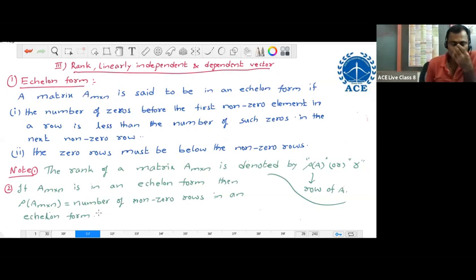So if you are given some matrix to find the rank, first we check the given matrix is in echelon form or not. If it is in echelon form, we write rank by taking the number of non-zero rows. Suppose the matrix is not in echelon form, then we check how to find the rank. That is, we'll discuss the method how to find the rank by echelon form method later.